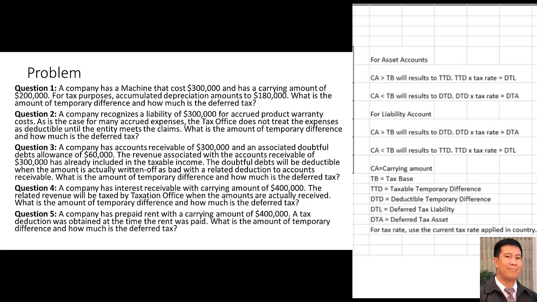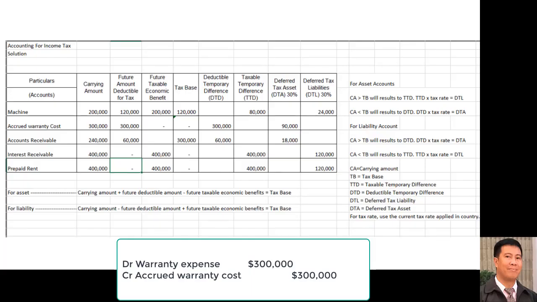Now, for accrued warranty cost, accounting will recognize this when they estimate something. Are we clear on that? That's why we have warranty expense debit and then credit accrued warranty cost. So this is the accounting journal entry.